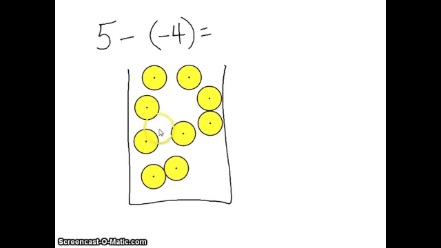And now what's left in the jar? 1, 2, 3, 4, 5, 6, 7, 8, 9. So the answer to 5 minus -4 is positive 9. This is very confusing to some students, understanding that even though you are subtracting, when you subtract a negative, you end up with a number greater than what you started with.